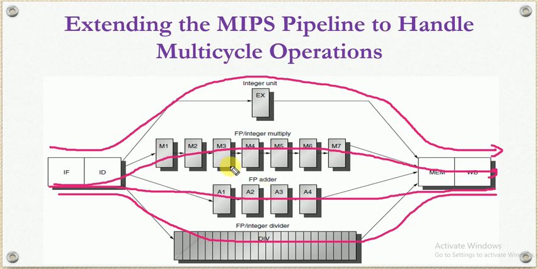It can be shared, but if more than one integer operation arrives at the same clock cycle, it cannot be done. But if more than one instruction arises for multiplication, they can share the different stages. If more than one instruction arises at the adder, they can share the stages, because these two are pipelined. But for division, at a time only one can be in progress, and that division operation itself will take around 24 clock cycles to complete.